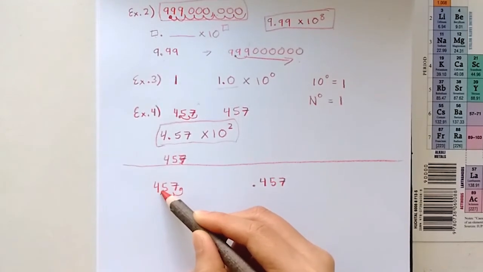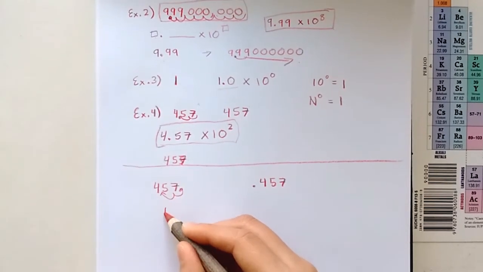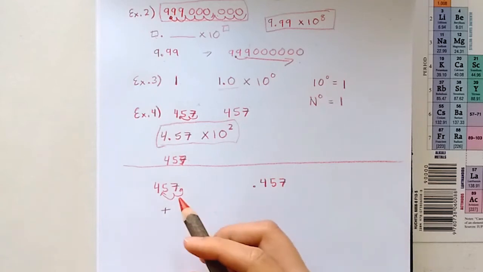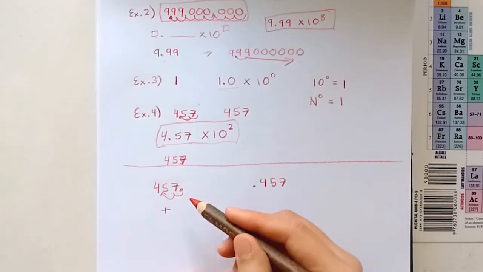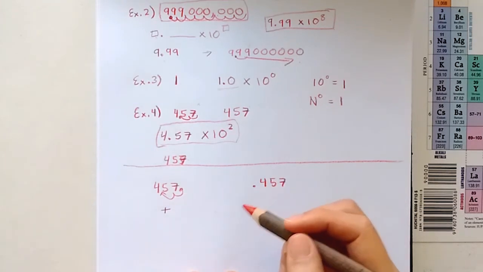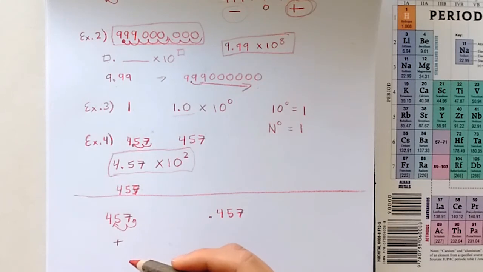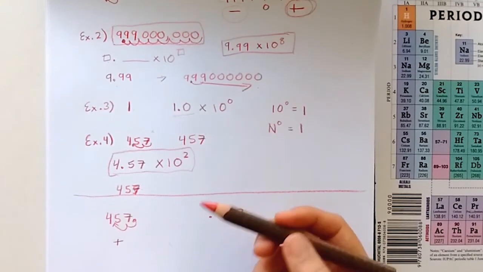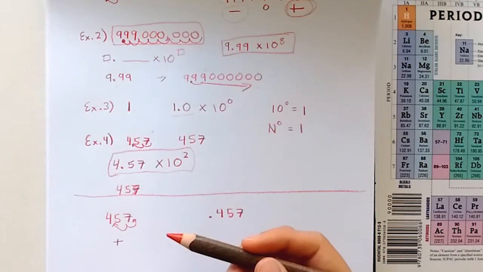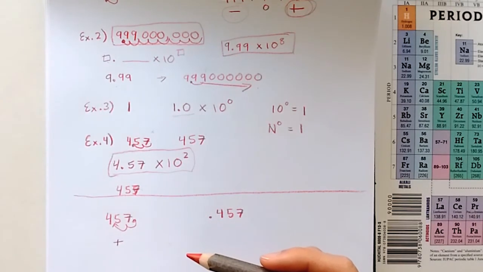You know that the exponent will be positive. Because also, you can think about it that 457 is greater than 1. So if values are equal to or greater than 1, the exponent will be positive. That is when the original value, the value written in non-scientific notation, is equal or greater than 1.